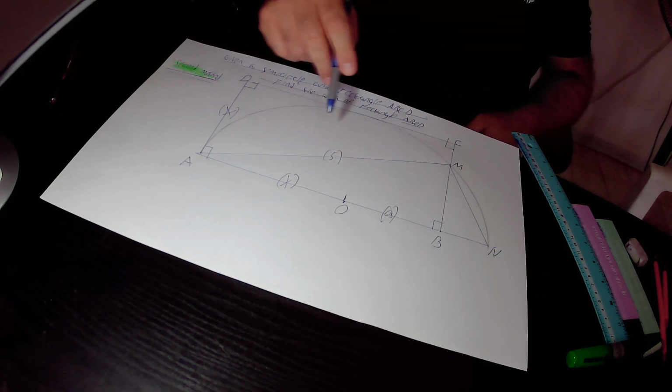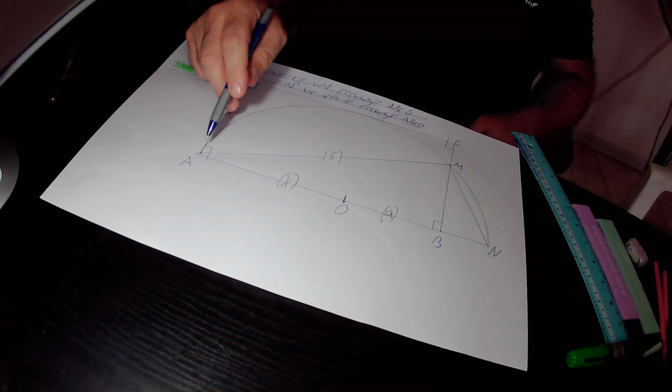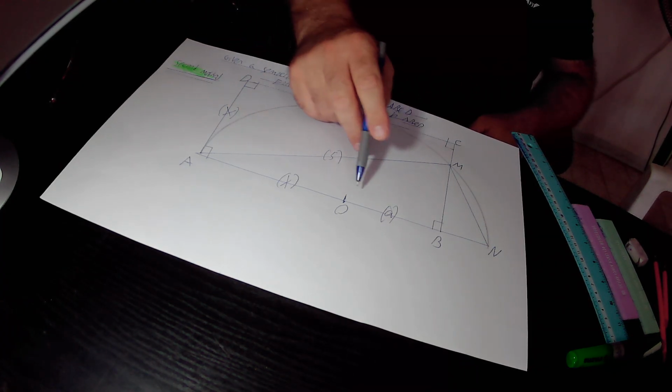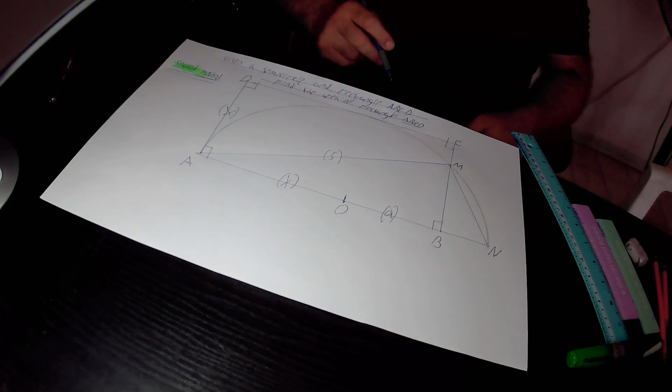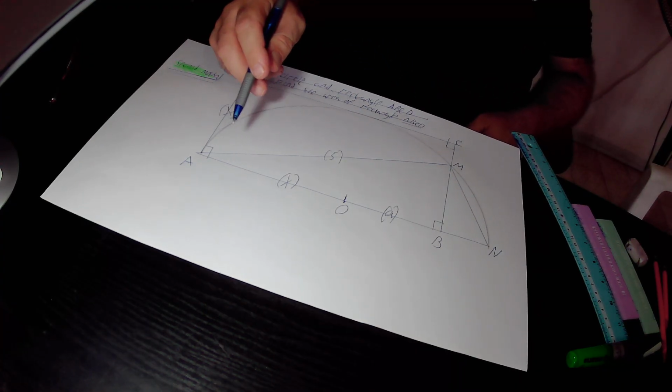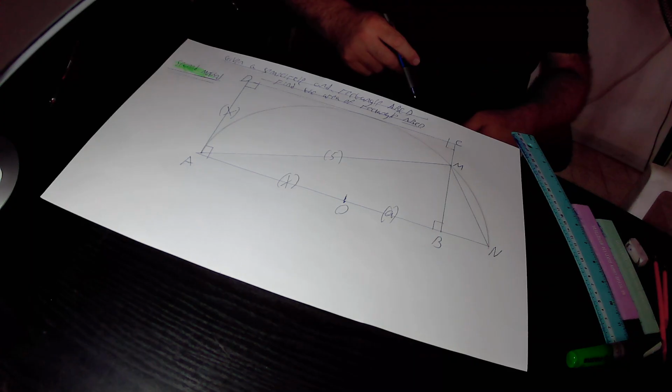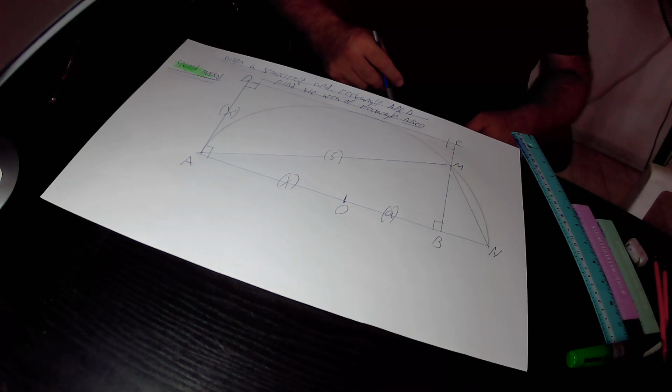Again, peripheral angle AMN subtends AN. And AN is the diameter of the semicircle, and according to rule 5, any peripheral angle that is subtended on the diameter of the semicircle must be equal to 90 degrees in its size.